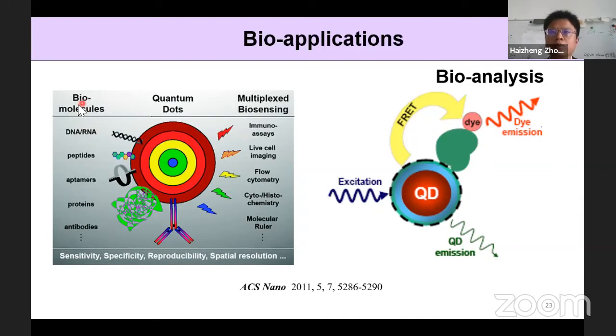With these biomolecules, they can be applied for multiple biosensing, such as immunoassays, living cell imaging, and others. Here I just list a simple example. For example, by combining quantum dots with organic dyes on the surface, we can employ FRET between quantum dots and the organic dyes for bioanalysis.